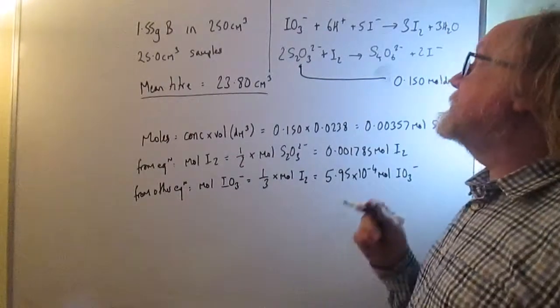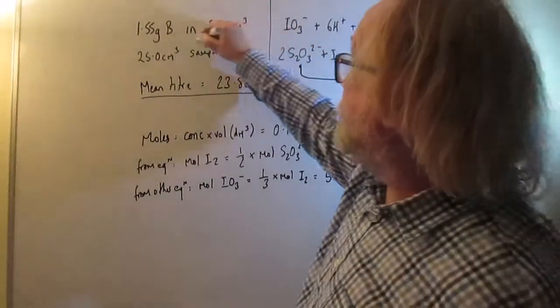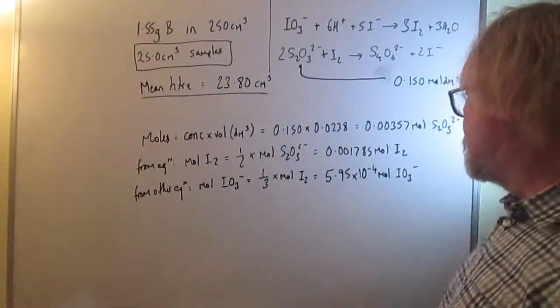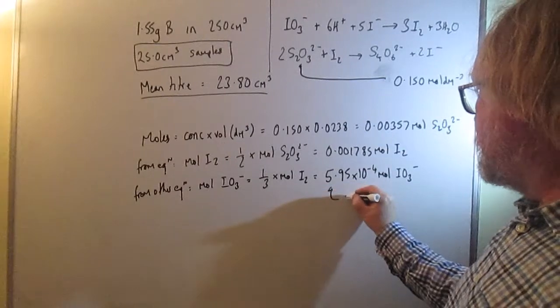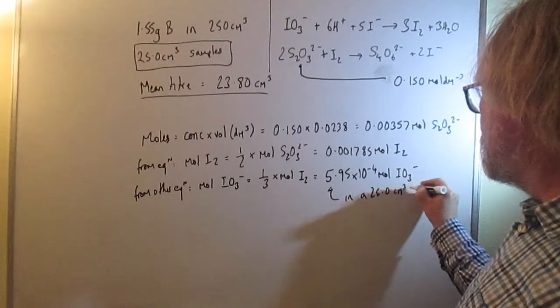Now, that's the amount of IO3- in each individual titration. In other words, in a 25 cm cubed sample.